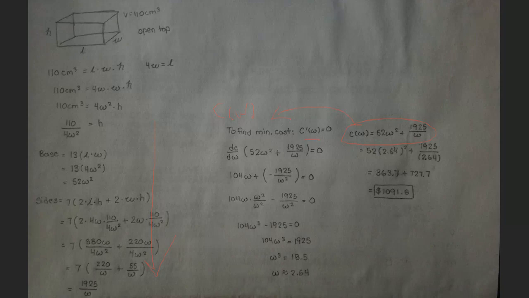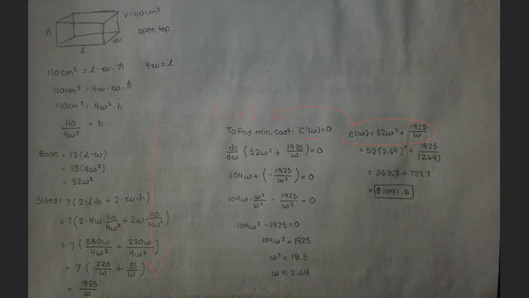Okay, pretty good. Anybody has any questions? Okay, so this question is typical, right? It's minimize the cost. Sometimes we want to maximize something, sometimes we want to minimize something. And here we want to minimize the cost. The cost is based on the square centimeters of this material. So we want to form a cost function.